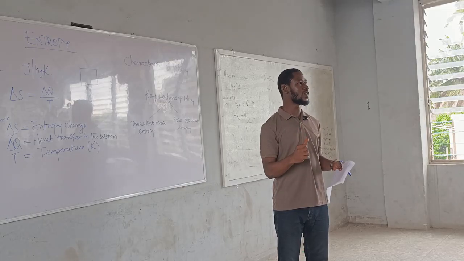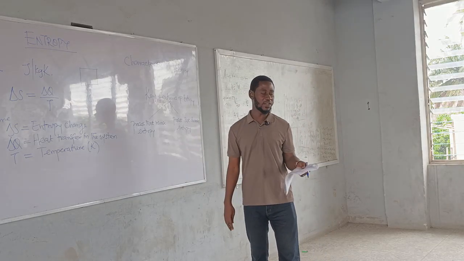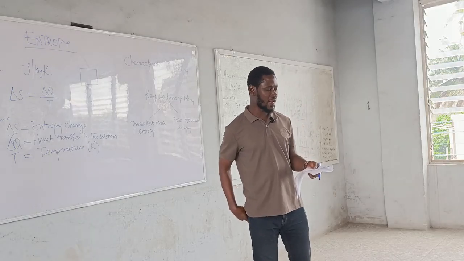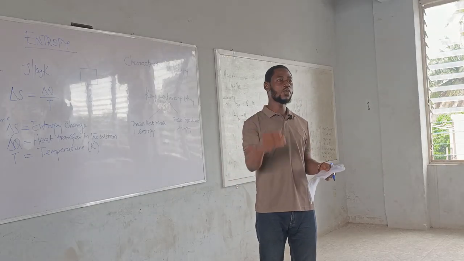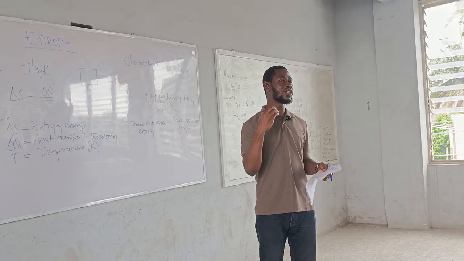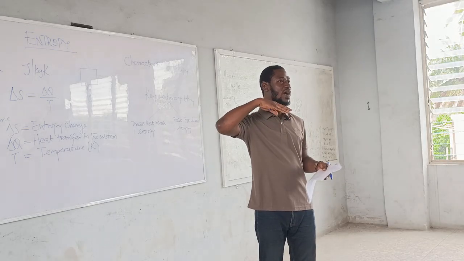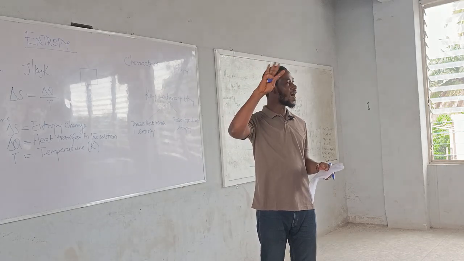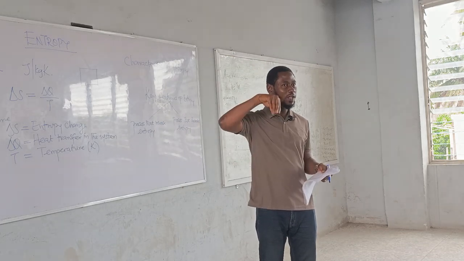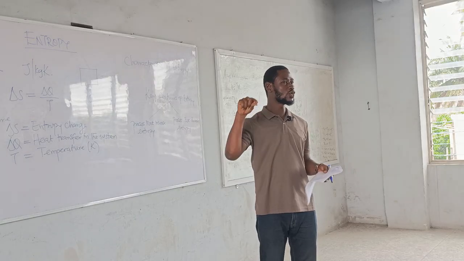We made mention of expansion of gases when we were talking about processes that increase entropy. And lastly, condensation of vapor. When you have heated water and the water has gotten to the vaporization state, you go back and cool the water by applying condensation to it.